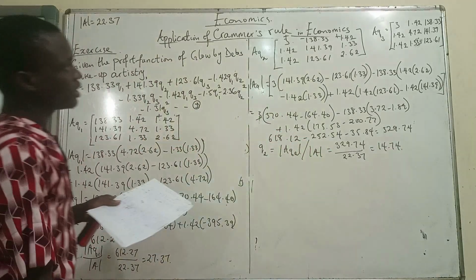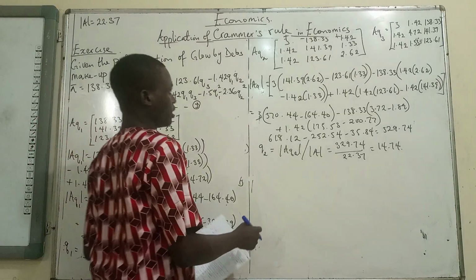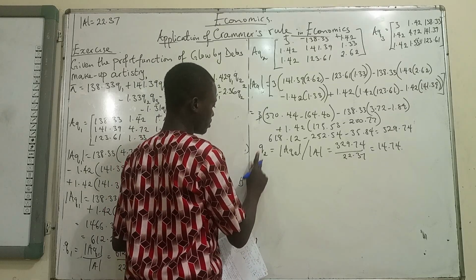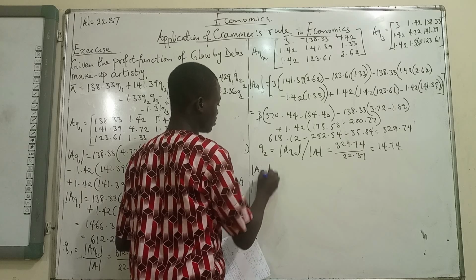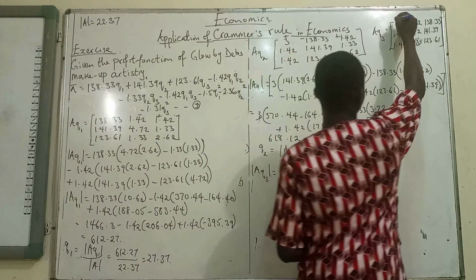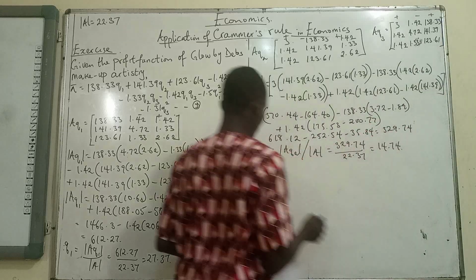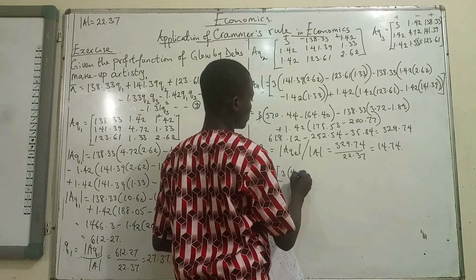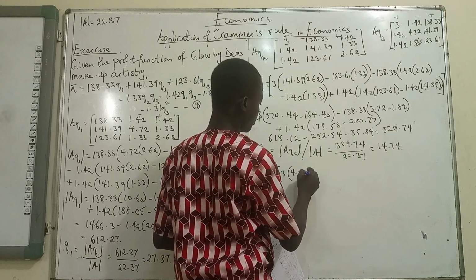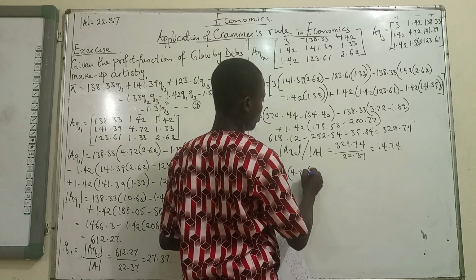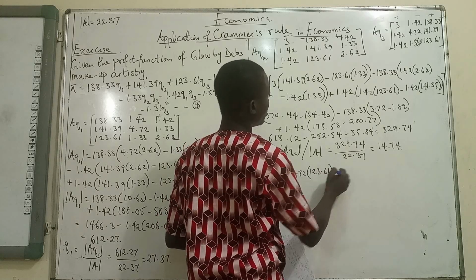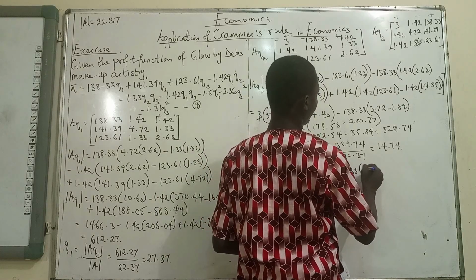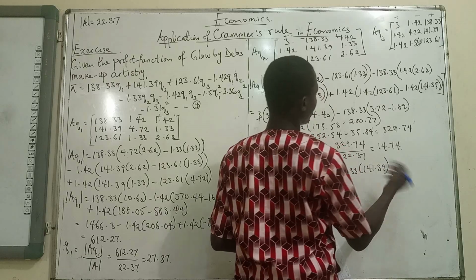Alright, since we've written the matrix for AQ3, we can just find the determinant straight up. So AQ3 is going to be, okay, so we have plus, minus, plus. So let's roll. That will be 3 into brackets 4.72 times 123.61, minus 1.33 times 141.39. That's gone.